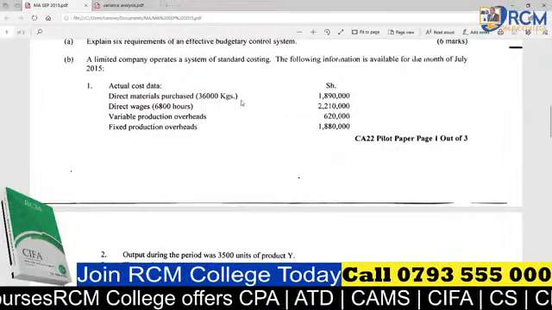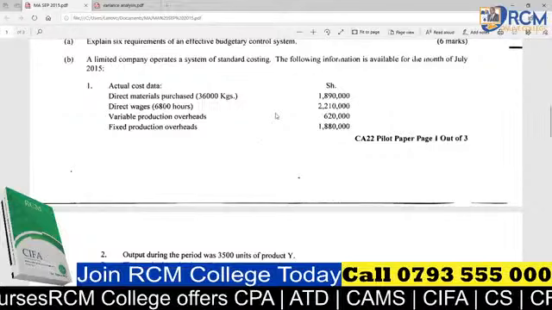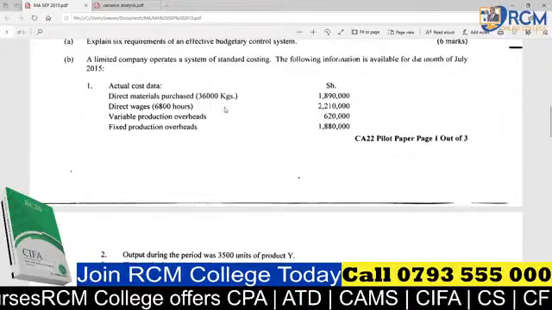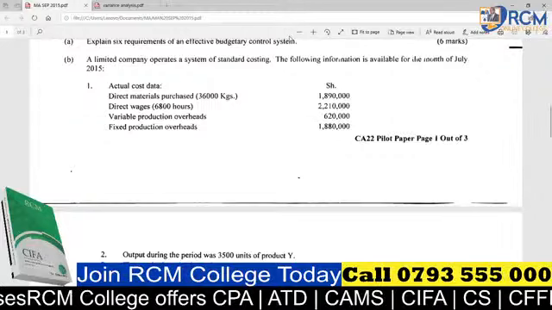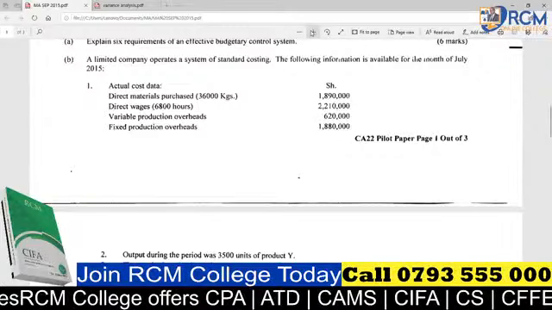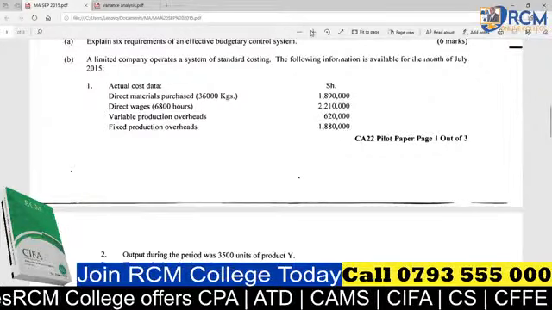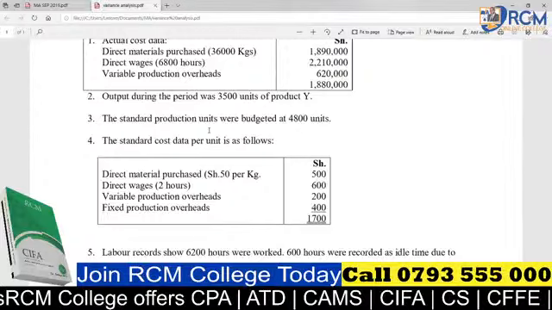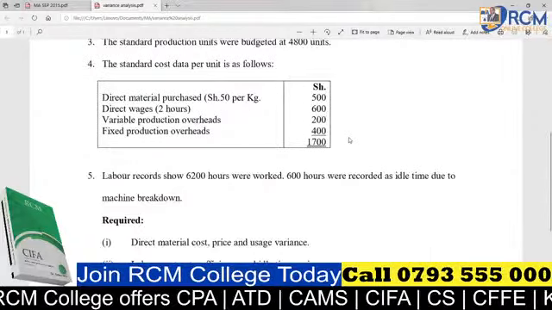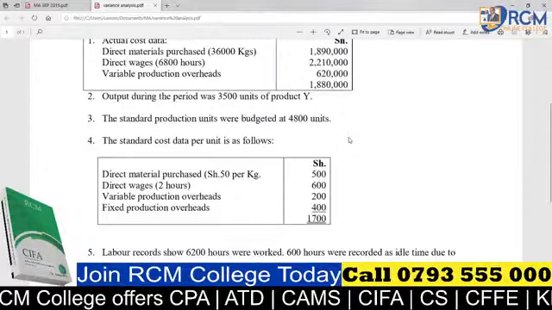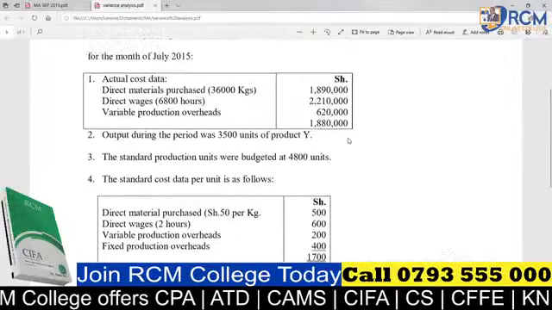So whatever we get, we have here 500 minus 525, times 3,600, which gives us 90,000 negative. You can't say negative 90,000.